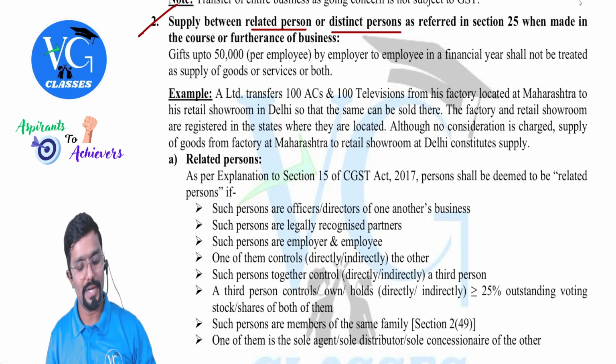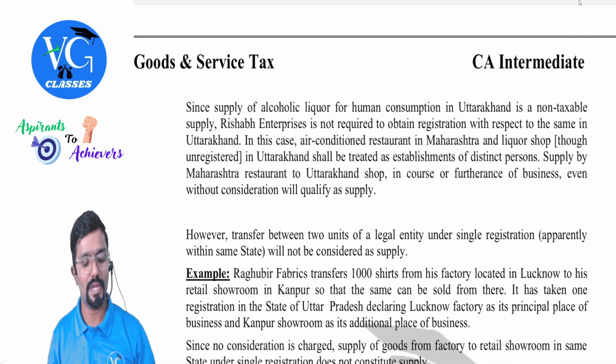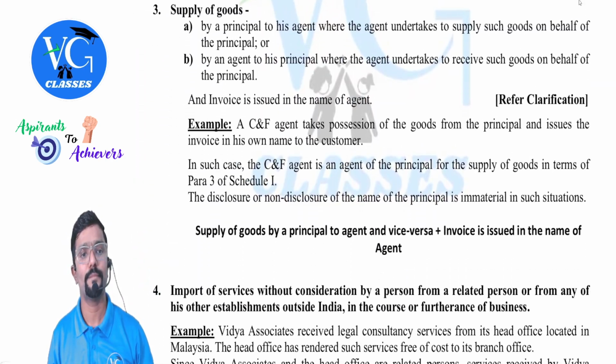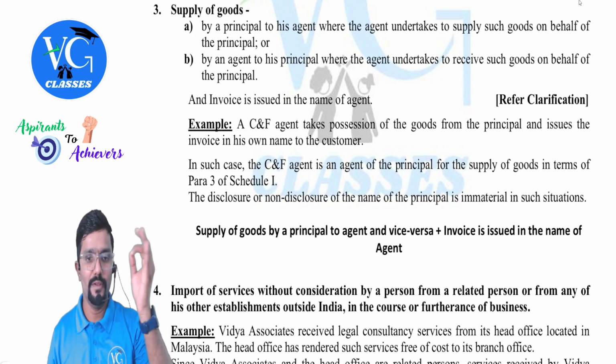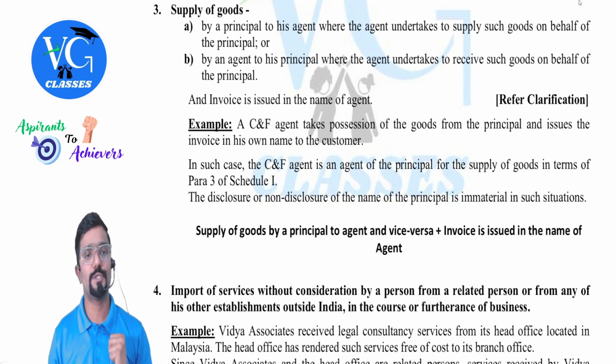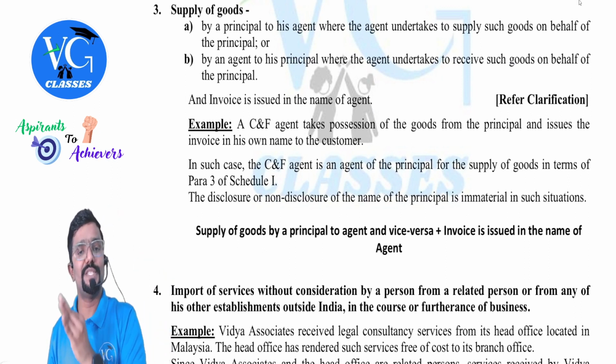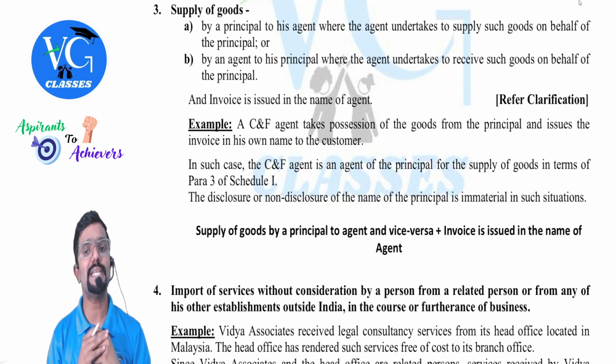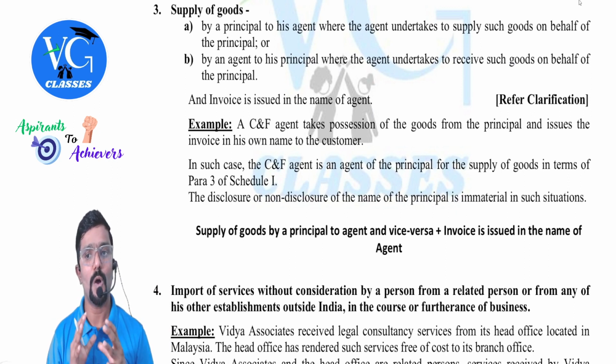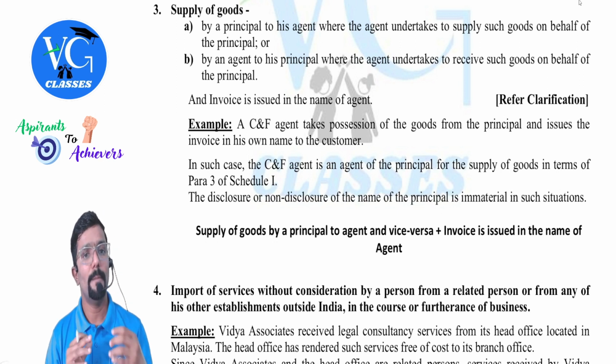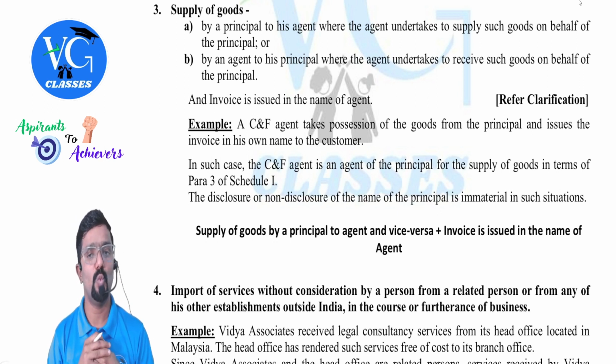That's all. Now let us enter into para 3. Para 3, we'll finish it. Supply of goods by a principal to his agent, where the agent undertakes to supply such goods on behalf of the principal, or by an agent to his principal, where the agent undertakes to receive such goods on behalf of the principal.